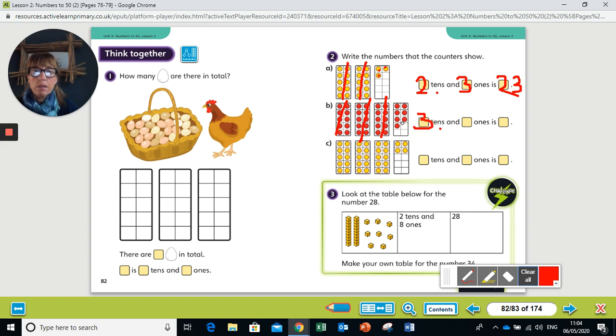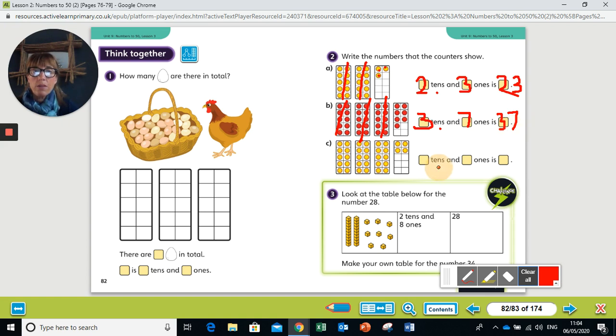How many ones? 1, 2, 3, 4, 5, 6, 7. So 3 tens and 7 ones. What number is that? 37. Well done.